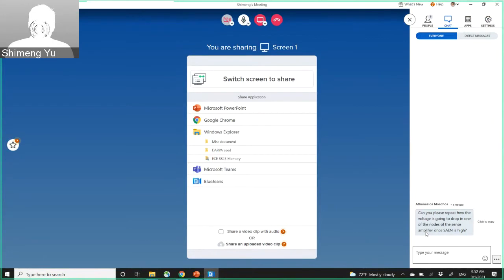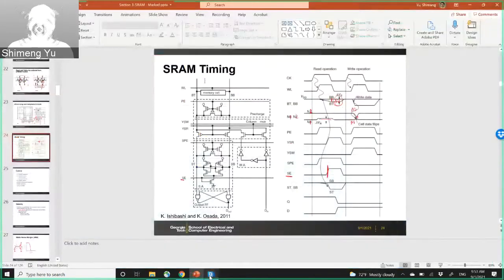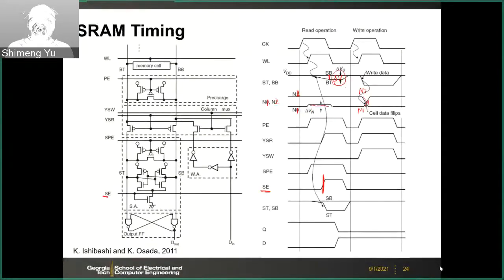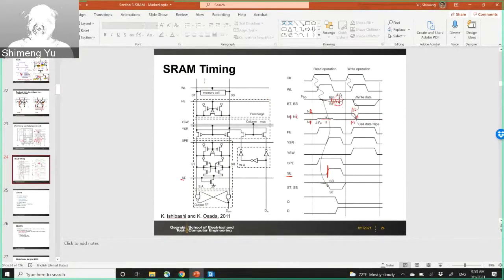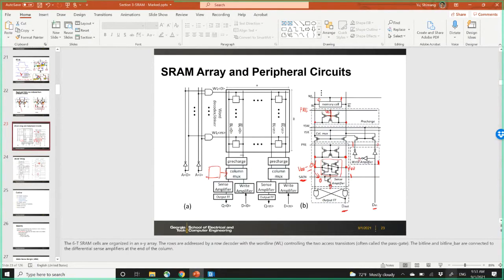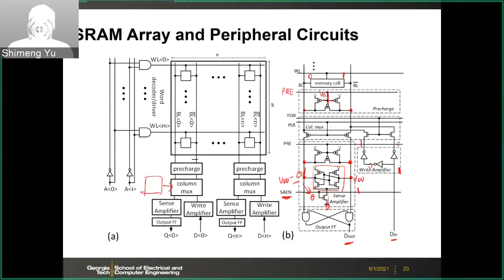Okay, so we have one question from the chat. Can you please repeat how the voltage is going to drop in one of the nodes of the sense amplifier when sense amp enable is high? Okay, so this is like a latch, right? So the latch will eventually have only 2 stable points.